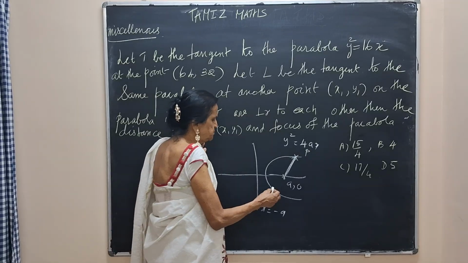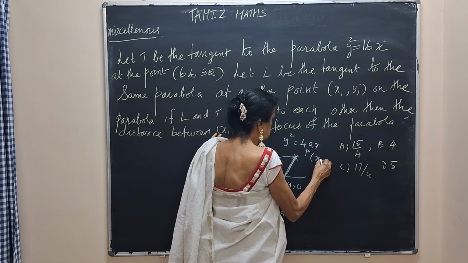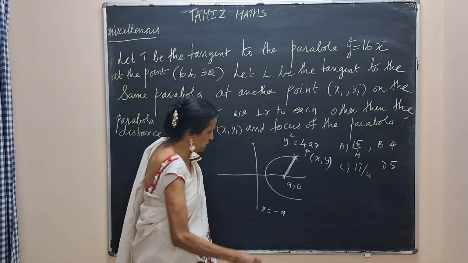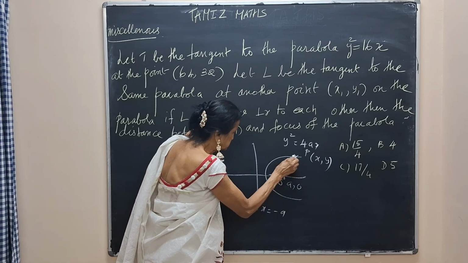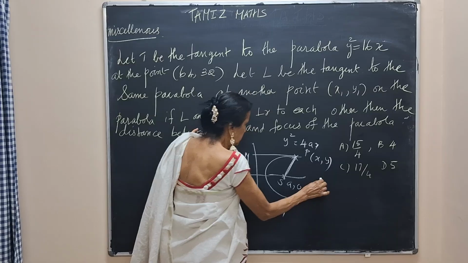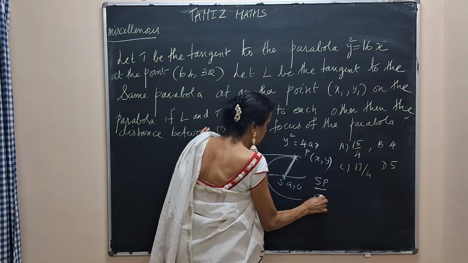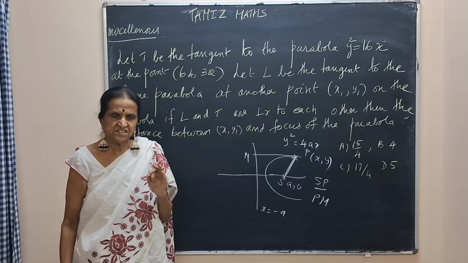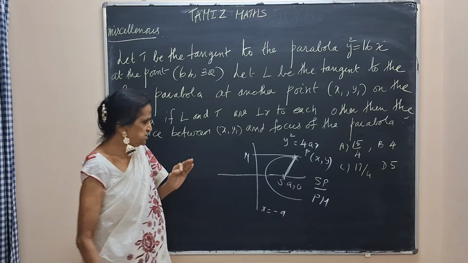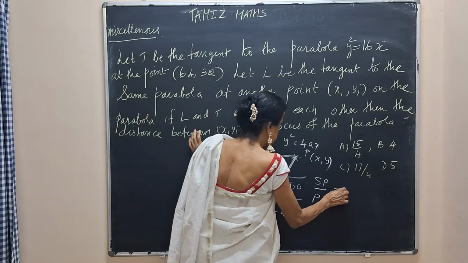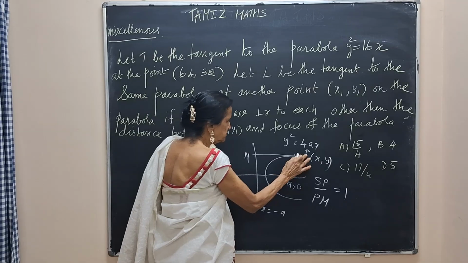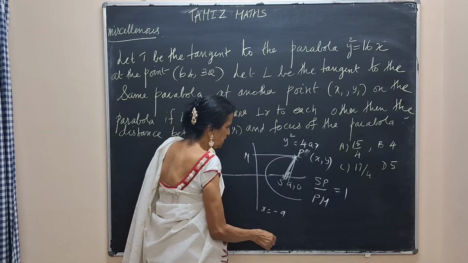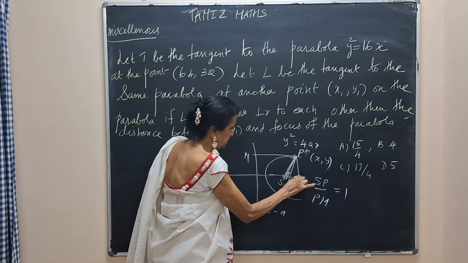Now, let this point be (x, y). By definition of the parabola, SP by PM should be a constant. That constant is called the eccentricity, and that eccentricity will be 1 here. So SP will be equal to PM. Now, drop a perpendicular here.